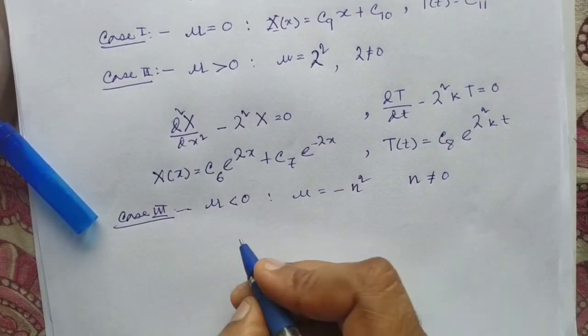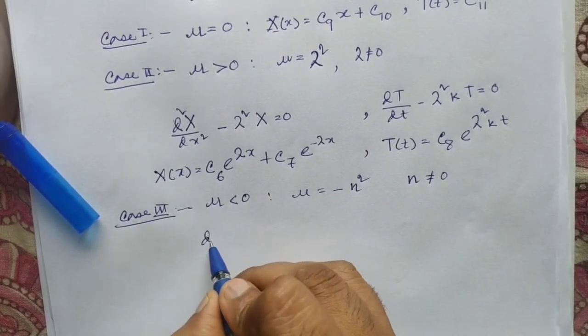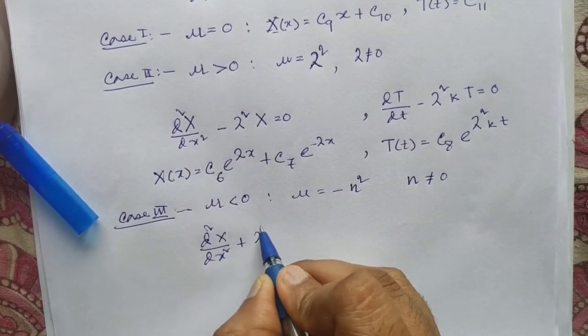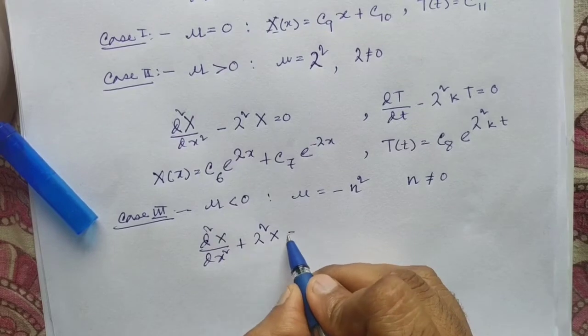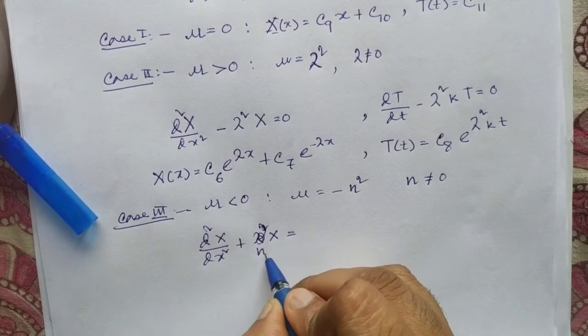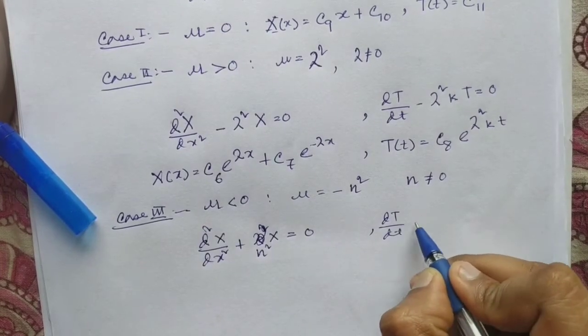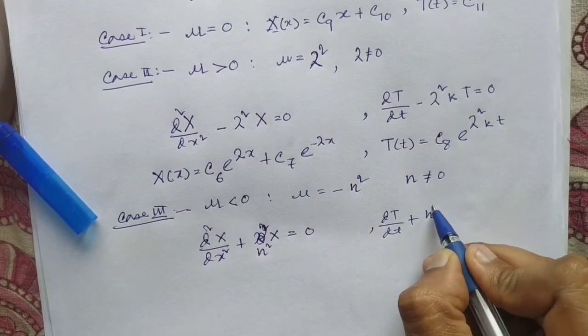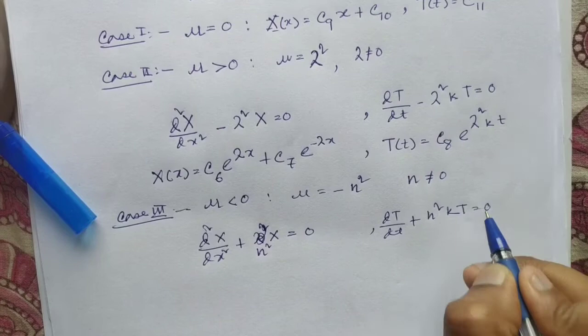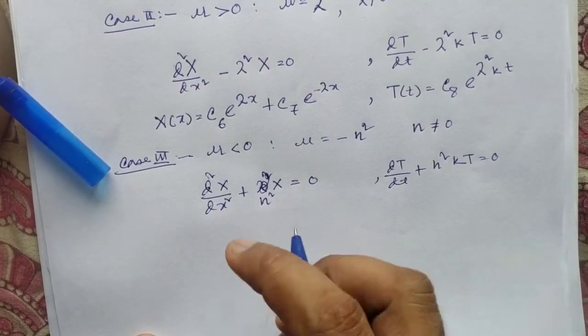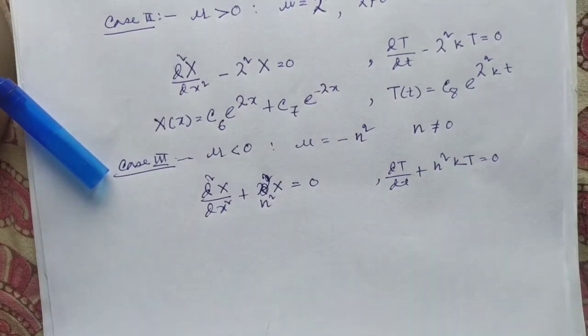And to solve that, the equations are d2X/dx2 plus, sorry, this is n square X is equal to 0, and here dT/dt plus n square kT is equal to 0.